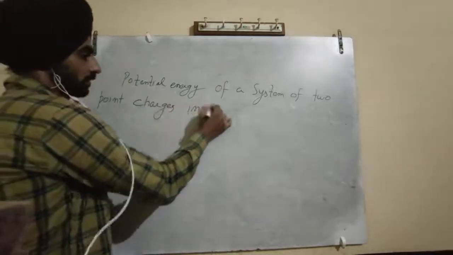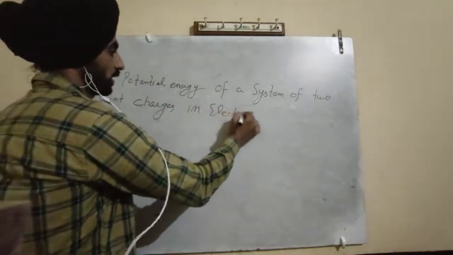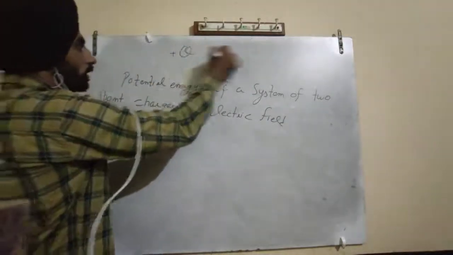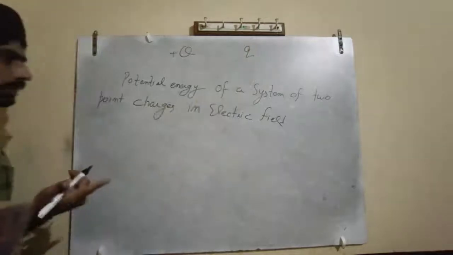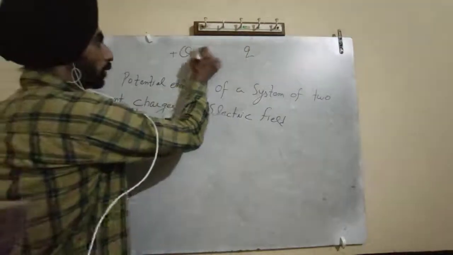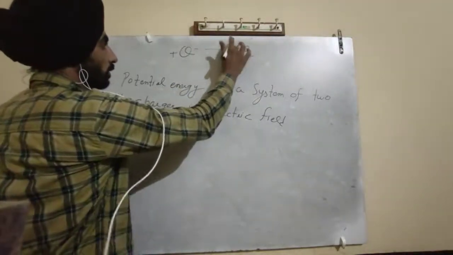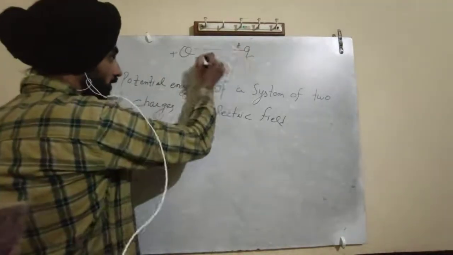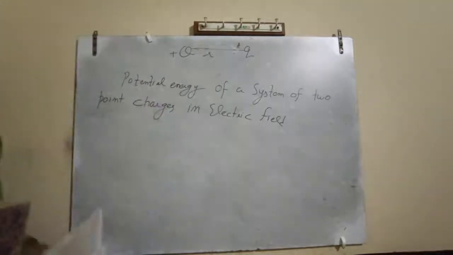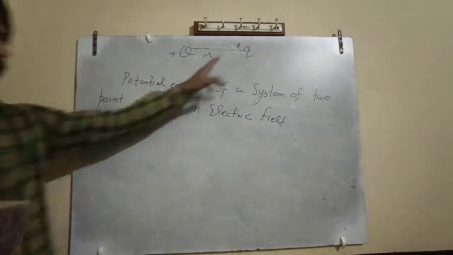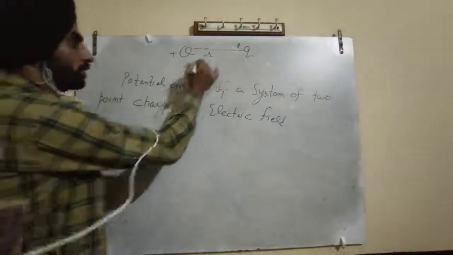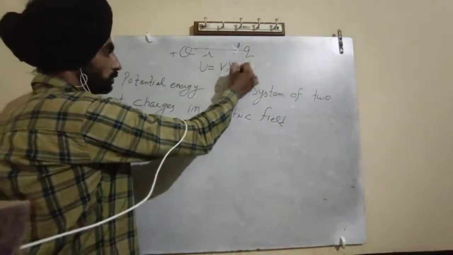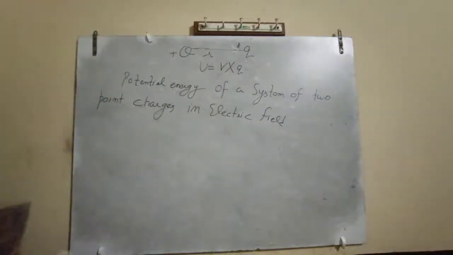In electric field, in first case, what is the concept? This is a source charge. We have only a 1-point charge, and we brought it at a location A, which is distance r. So this is only a 1-point charge, and we found the potential energy V into Q. So this is the earlier case.